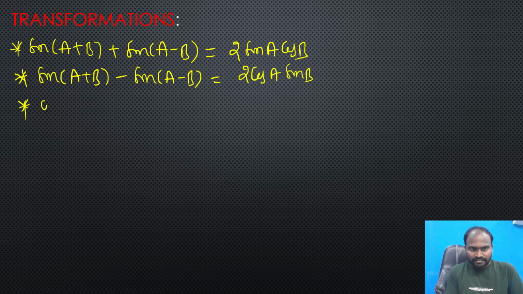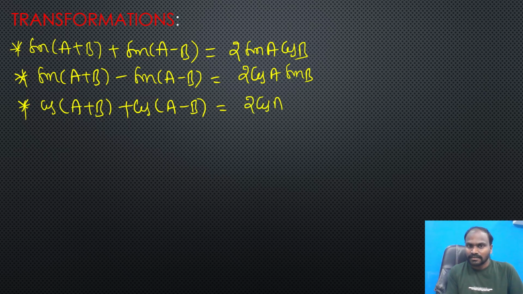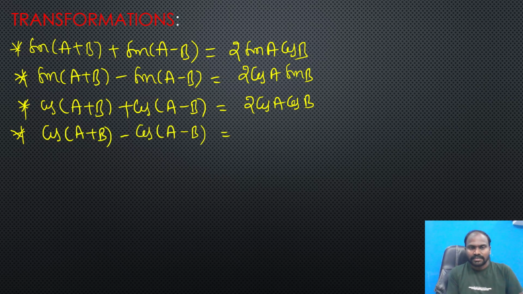Next, cos of a plus b plus cos of a minus b formula. What is the formula? 2 cos a cos b. Next, cos of a plus b minus cos of a minus b. So what is the formula? Minus 2 sin a sin b.